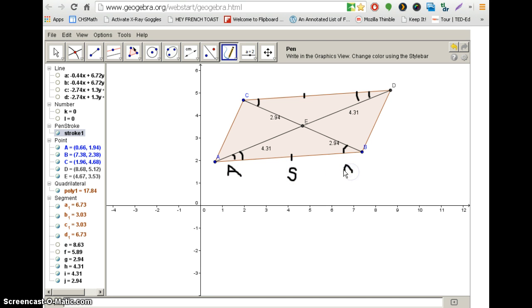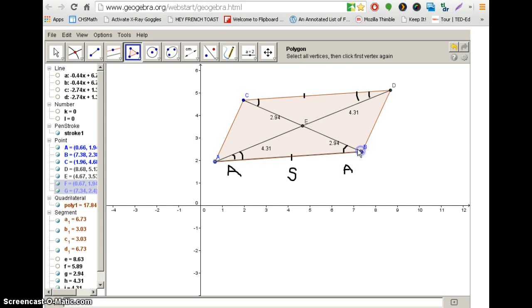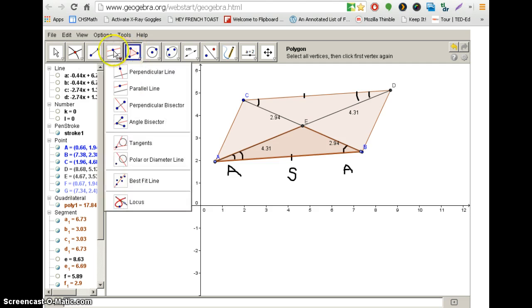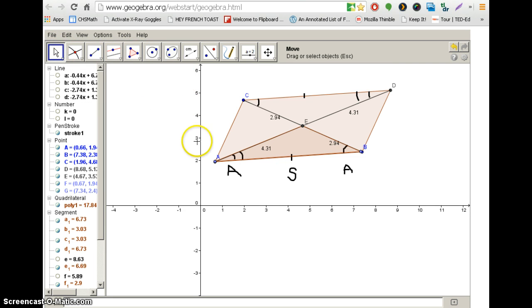And what angle side angle simply means is, if we were to consider this as a triangle, it's just another way of saying that this triangle formed right here. Okay, and I'll make a copy of that real quick. Let me hit escape, make sure I don't have anything selected. Let's try that again.